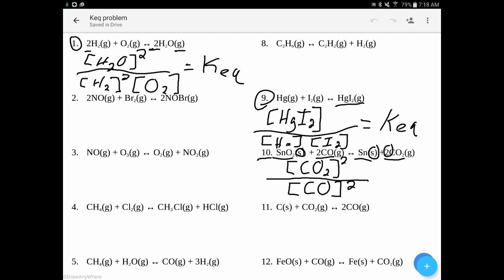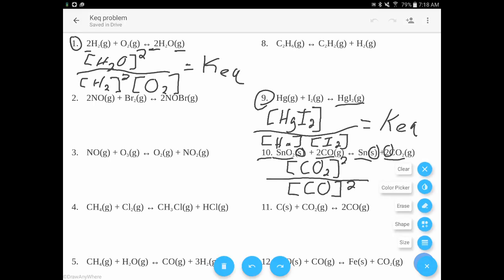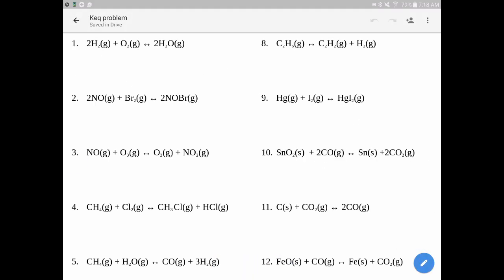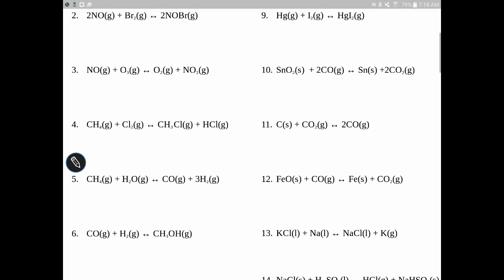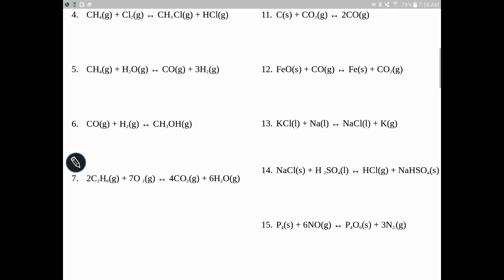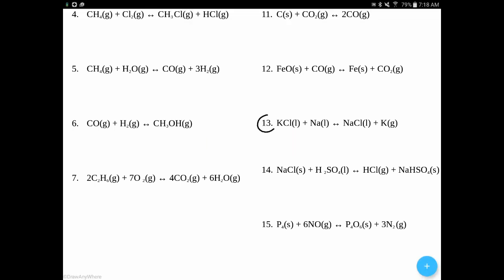Now, sometimes we have an issue like number 13 here. Okay, so these are liquid, liquid, liquid.